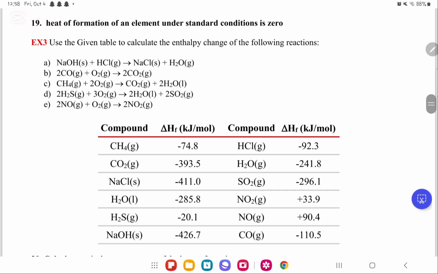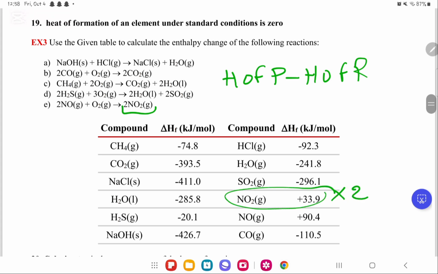Now, the last one, we have again heat of products minus heat of reactants. The product is 2NO2 gas. So times 2, we're going to have 33.9 times 2, which is 67.8 minus the heat of our reactants. We don't consider the elements. So 2NO gas.